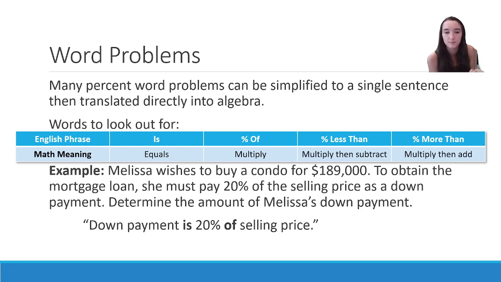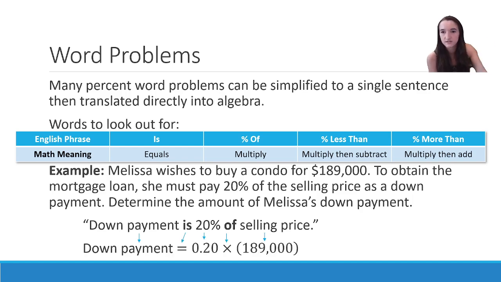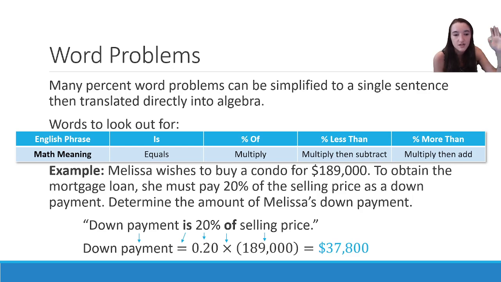We know that number, so we can just replace it. Like so, right? Now, down payment equals 0.20 times 189,000. 0.20 times 189,000 is something I can throw directly in my calculator. It's 37,800. And we're done. Down payment is $37,800. I don't need any more than that.